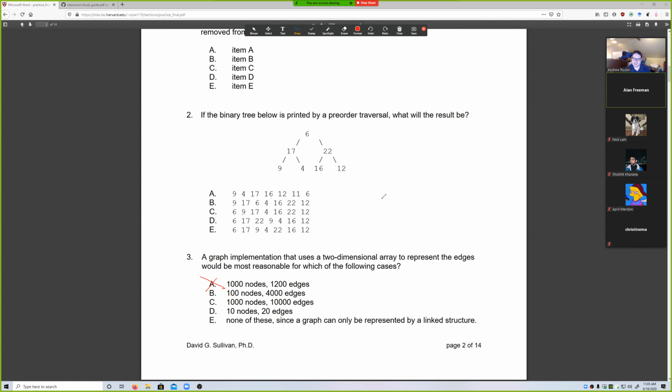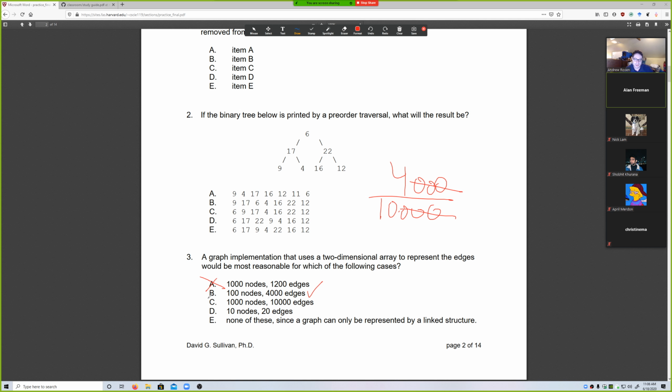So 100 nodes squared is 10,000, and 4,000 out of 10,000 is 0.4. So this is a cool one. That would be a good one to use. Here we have 1,000 nodes, 10,000 edges. Well, 10,000 is a lot. 10,000 out of 1,000,000 is 1%. Not a lot. It's 1%.